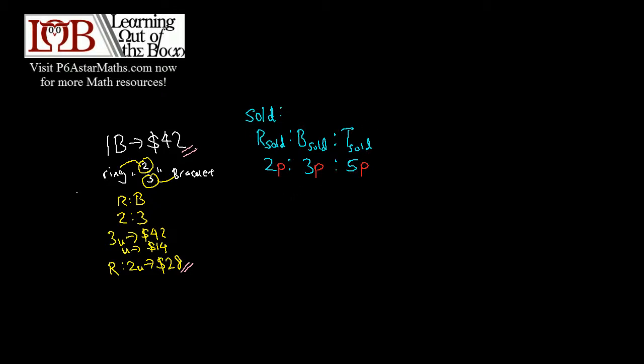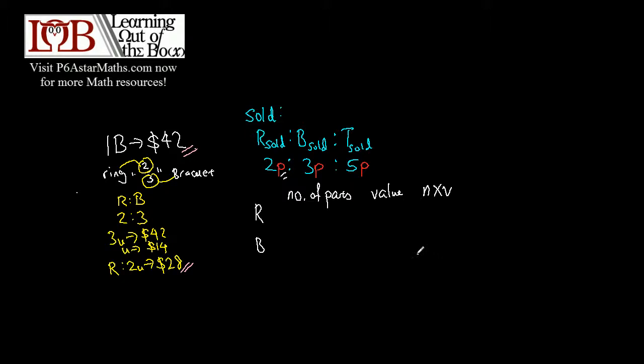So let's draw a table. Ring and bracelet, number of units. In this case, I call it parts. Okay, number of parts, and then value, and this is the N times V.